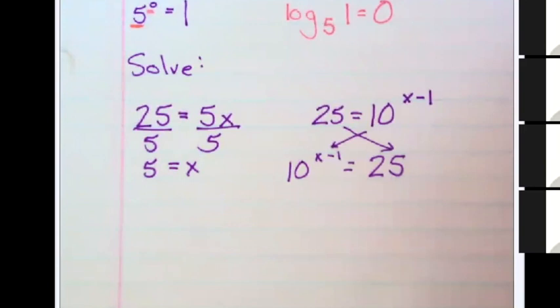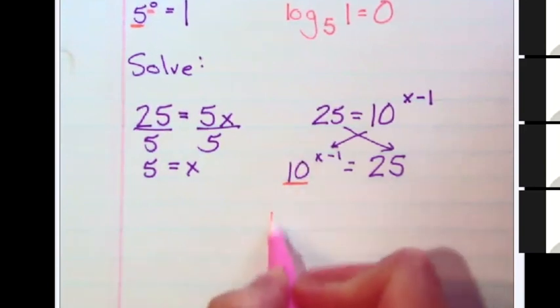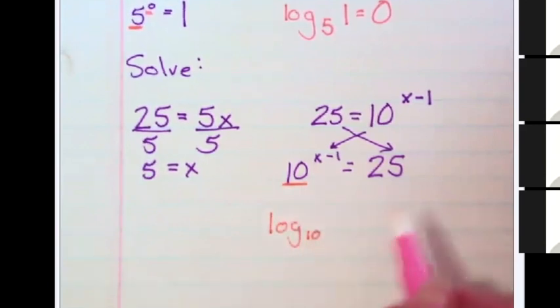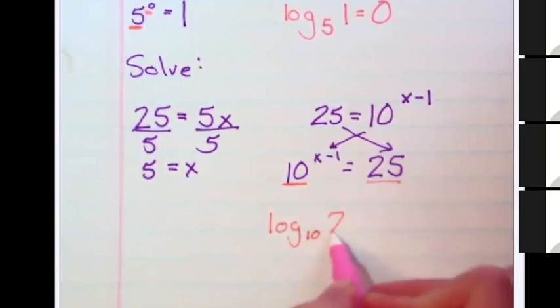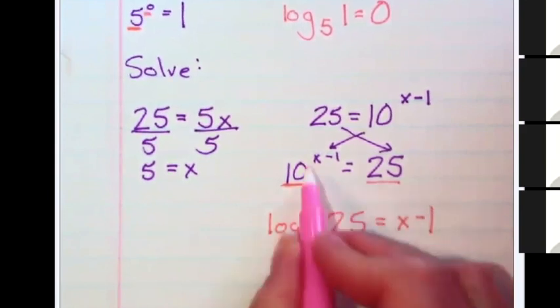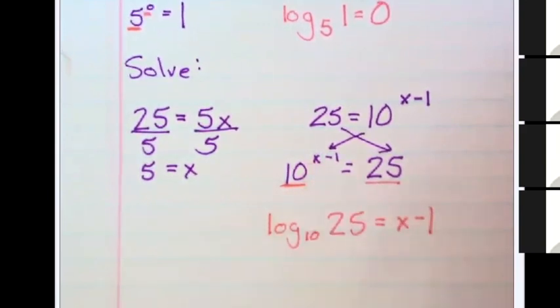All right, so let's change it. Let's write this in logarithmic form. So log base 10. And remember, that's the default base, so we don't technically have to write it, but we can. Of 25 is equal to x minus 1. That whole exponent is what we're going to set it equal to.